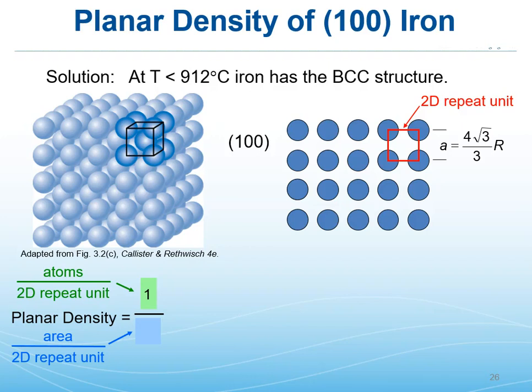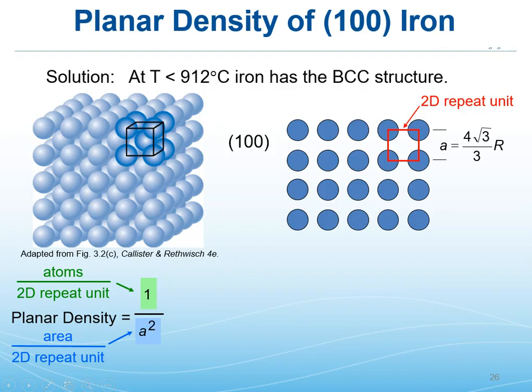For planar density, we're looking at effectively the number of circles that we're intersecting, how many full circles. So in this, you can see if you take the red box, you've encountered 4 quarter circles. So that's effectively 1 atom per 2D repeat unit, which in this case is the unit cell face. Doesn't always have to be. Not every plane is going to be a unit cell face. For instance, the 110 plane is definitely not a unit cell face. It's going across the diagonal.